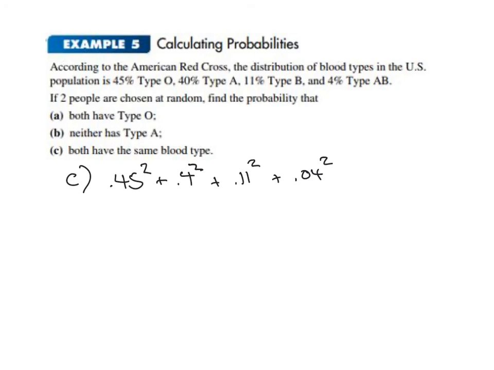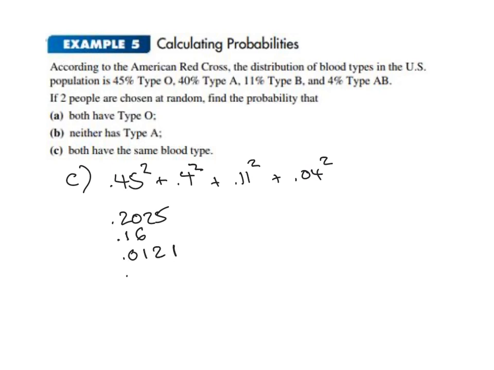You probably noticed I got A and O wrong in the beginning. So the first one we calculated as 0.2025. The second one is 0.16. The third is 0.0121.